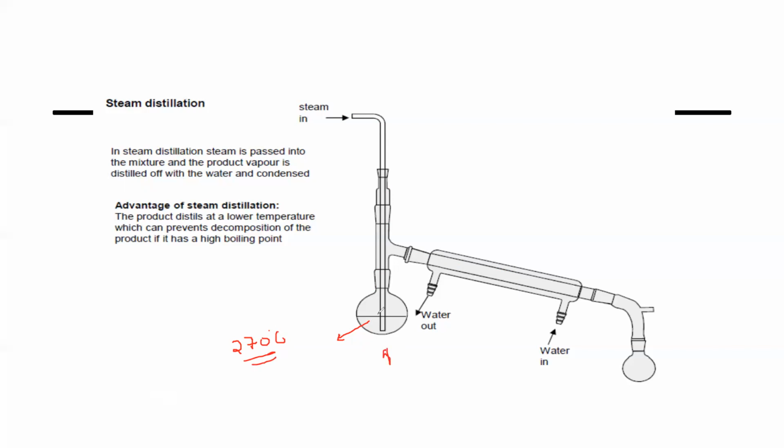And what happens if the temperature is too high, the substance might decompose into another product. So the advantage of steam distillation is that we don't reach the boiling point. We pass the steam, the vapor of the steam carries a small proportion of this substance together, and when it condenses, we have the product as well as the water. And then we can separate the aqueous substance from the organic substance as we discussed earlier.